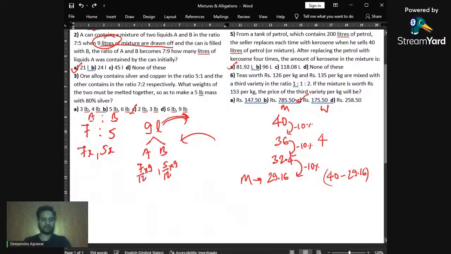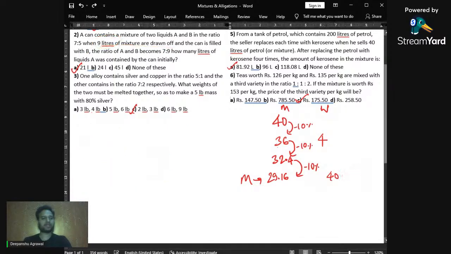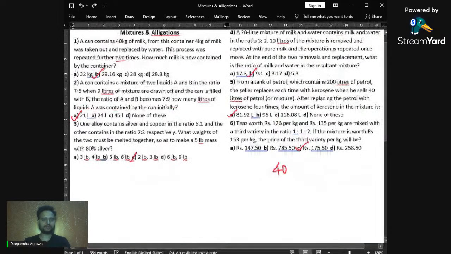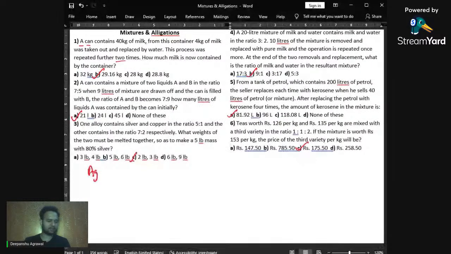Question number 3 says that an alloy contains silver and copper in the ratio 5 is to 1. So silver and copper, I'll write Ag, although maybe some of you don't know about Ag, but Ag is the chemical denotation of silver.